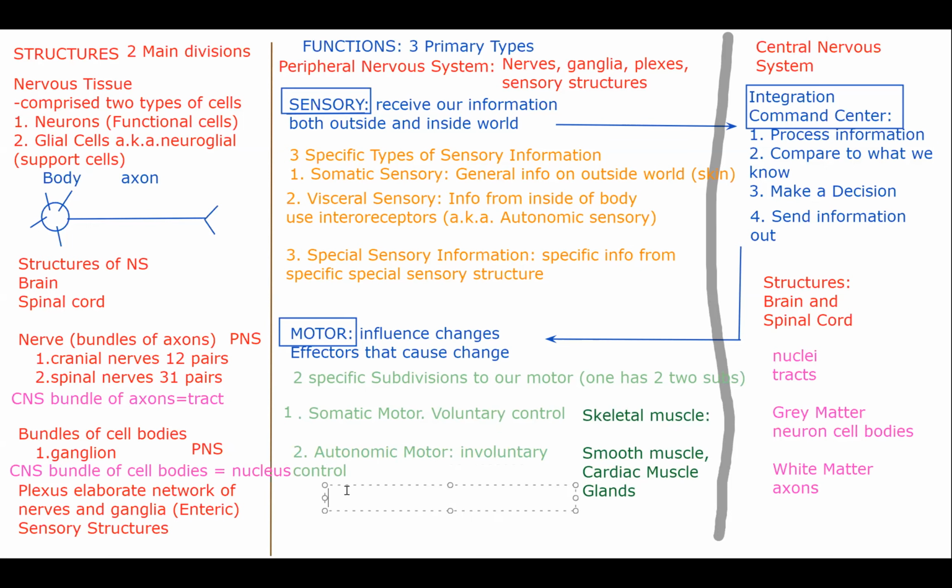However, as you likely know, there are 2 subdivisions of this autonomic motor. The first is the sympathetic, and the second is the parasympathetic.